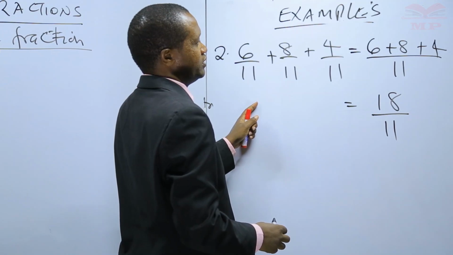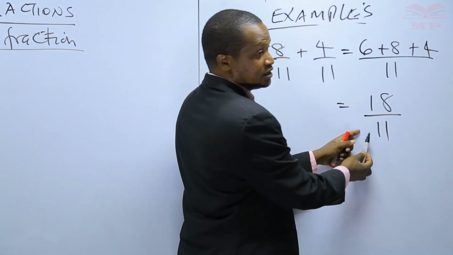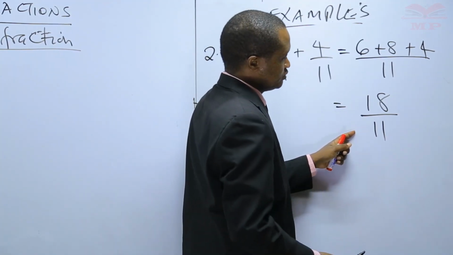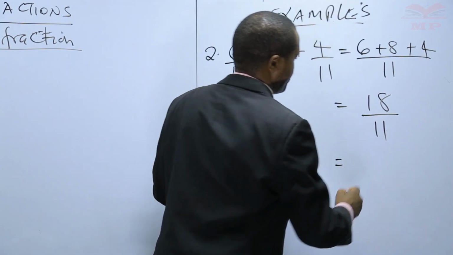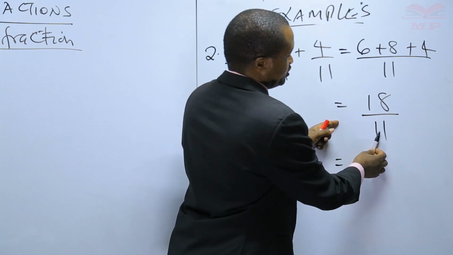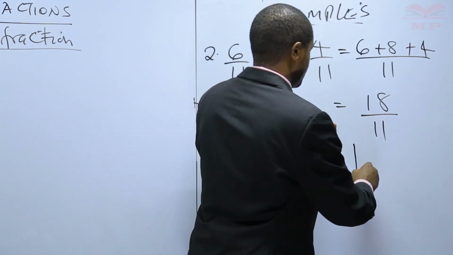18 over 11. And you see this is an improper fraction. We convert it into a mixed number. And how do we do that? 11 goes into 18 how many times? Once.